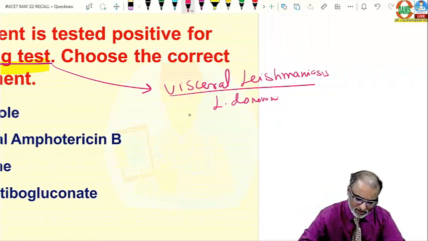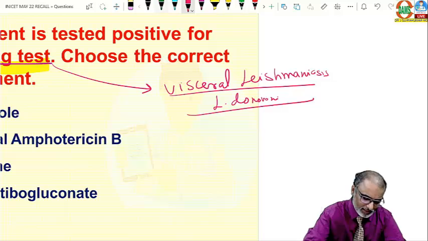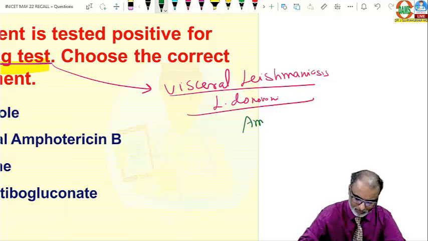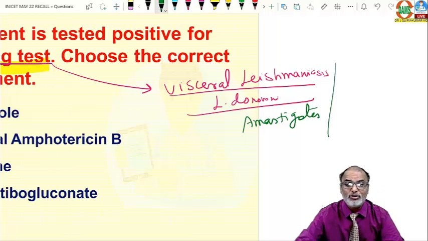The gold standard diagnosis is demonstration of amastigotes. Visceral leishmaniasis.